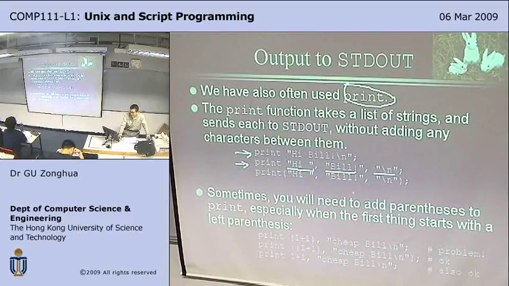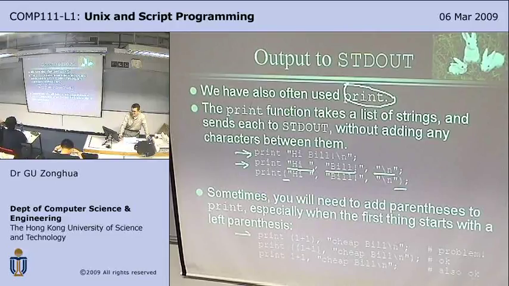So you can also add parentheses around these arguments or omit them. Parentheses are always optional, but sometimes you may need to add parentheses, especially when the first thing starts with a left parenthesis.